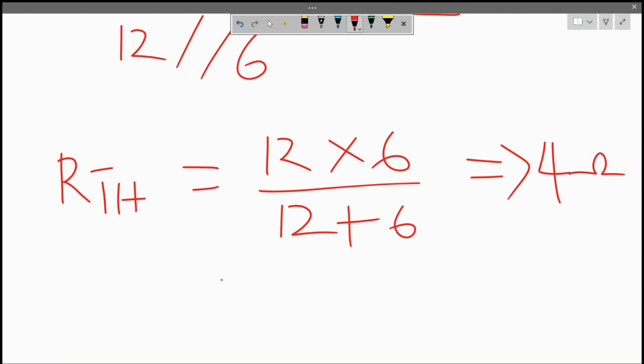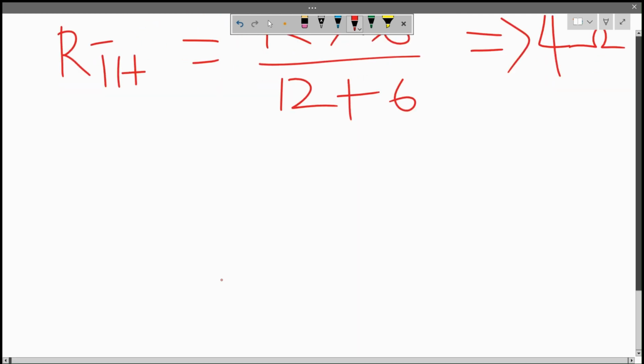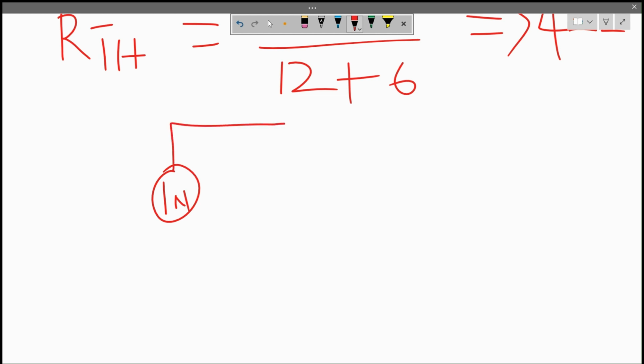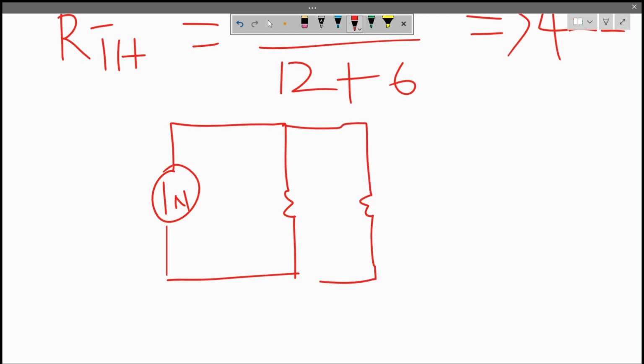Now since we know our IN and our RTH, we can represent the IN and the RTH on a circuit diagram. Now we have this, our IN, this is our RTH.